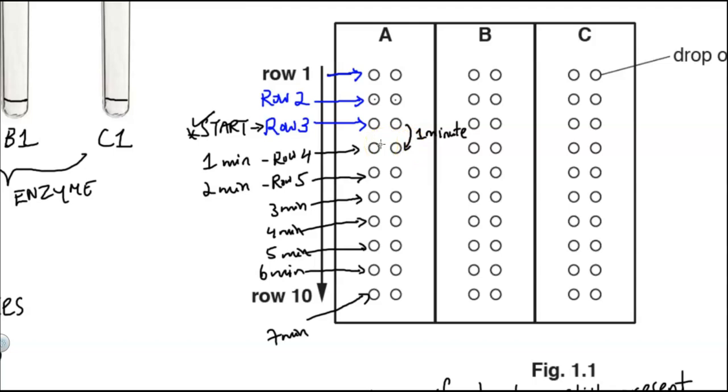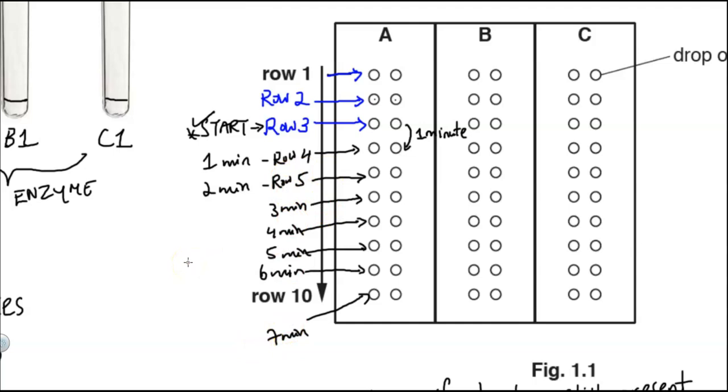Basically then, the next few steps are telling you to repeat that procedure after every 1 minute. So for row 5, it will be the sample after 2 minutes after the start, and then row 6 will be 3 minutes, 4 minutes, 5 minutes, 6 minutes, and the experiment ends at 7 minutes.